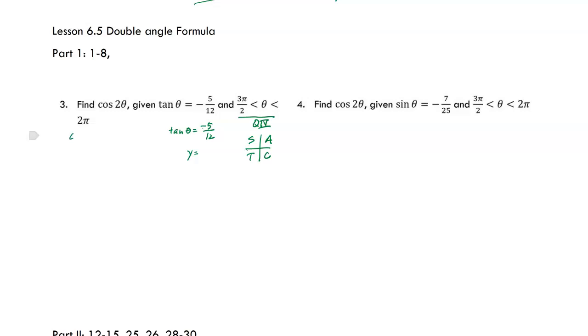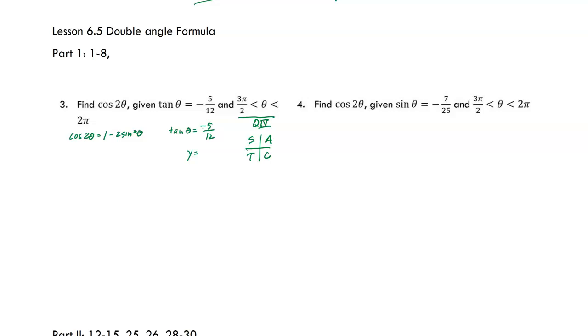Okay, so cosine of 2 theta, doing number 3, okay, is 1 minus 2 sine squared theta. Or you could have used 2 cosine squared theta minus 1 if you wanted to.